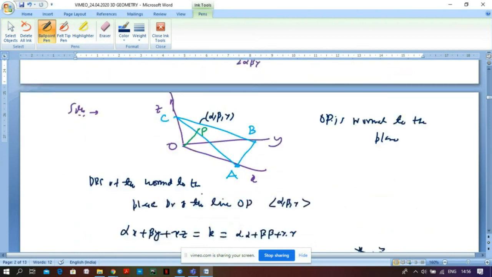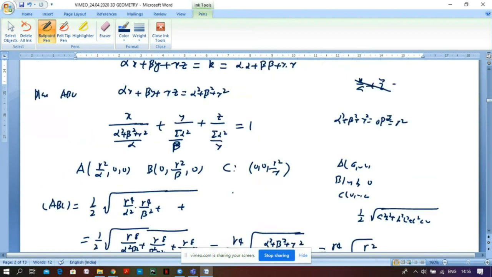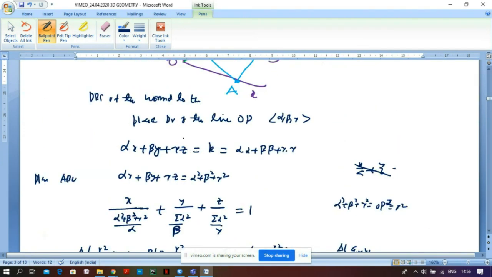But by simple manipulations we have developed, and then we just wrote this fundamental equation first, that is the equation of plane. This is the equation of plane which passes through alpha, beta, and gamma, where alpha, beta, gamma is the point P, and its normal is along line OP. O was origin and P was the point alpha, beta, and gamma.